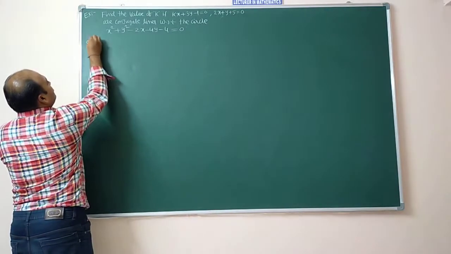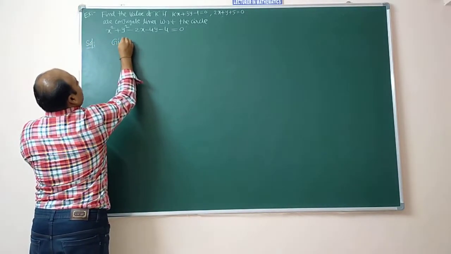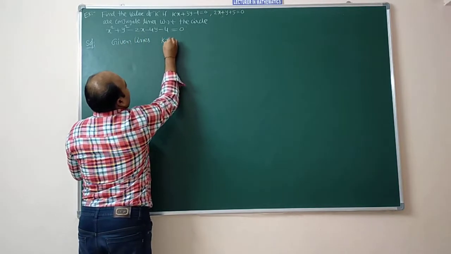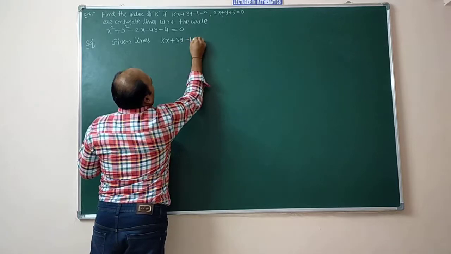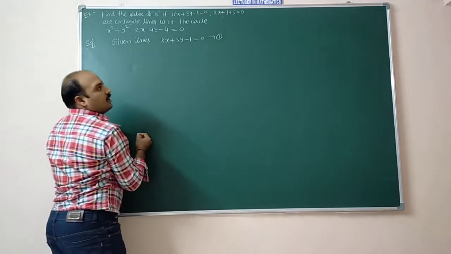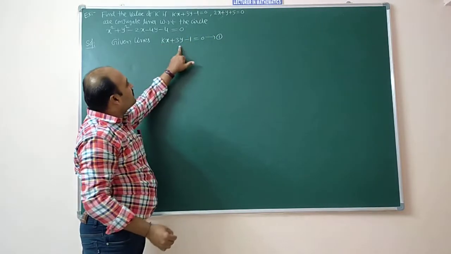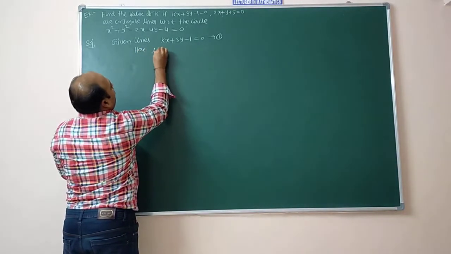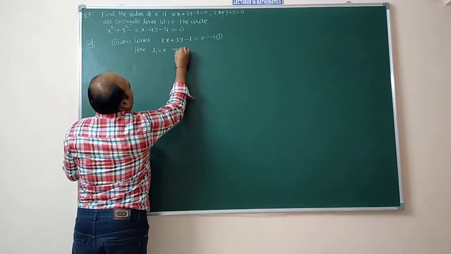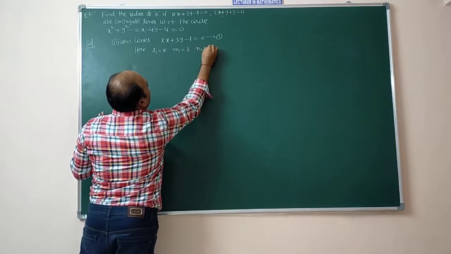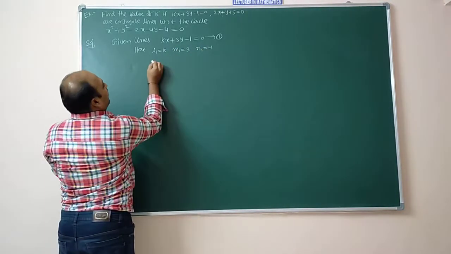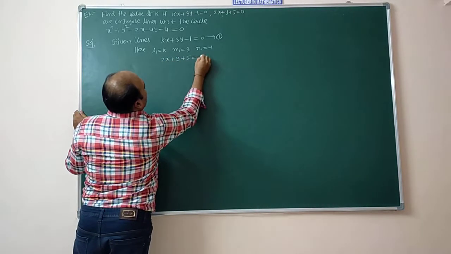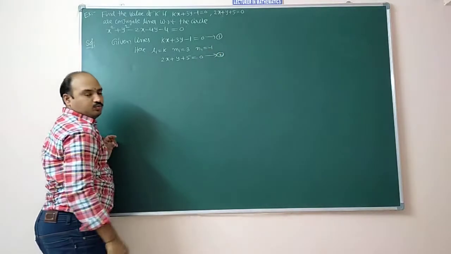So, given lines: kx plus 3y minus 1 equal to 0, first equation, and you have to compare this with L1x plus M1y plus N1. So here L1 is equal to k, M1 is equal to 3, N1 is equal to minus 1. Next, the second line, 2x plus y plus 5 equal to 0, equation number 2.